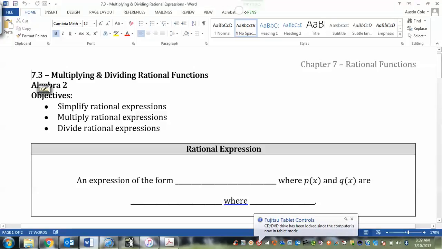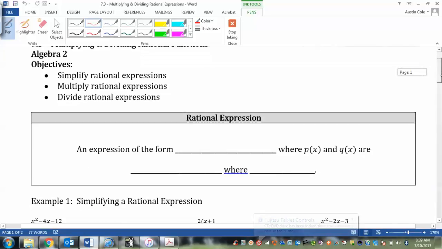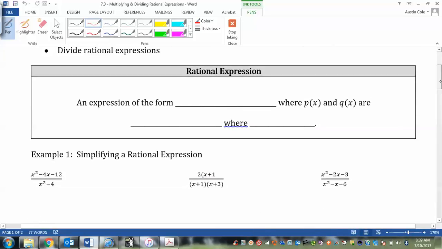Now, rational expressions, what are they? Well, I just said fraction. Well, the more appropriate definition is an expression of the form r of x equals p of x over q of x. I say r of x because r represents rational. It's just a function. I could have said f of x if I wanted to.